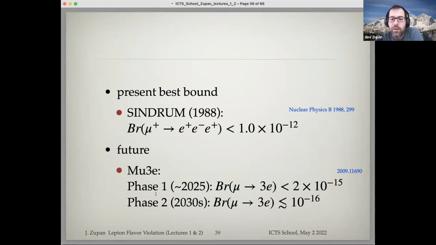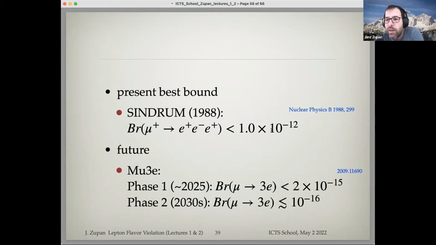There are two phases. The first phase aims at 2 times 10 to the minus 15. I couldn't find exactly the number, but 3 years of running and they're almost there. So I put a wiggly line at 2025. You see, it's a huge improvement. So almost 3 orders of magnitude over this old measurement.